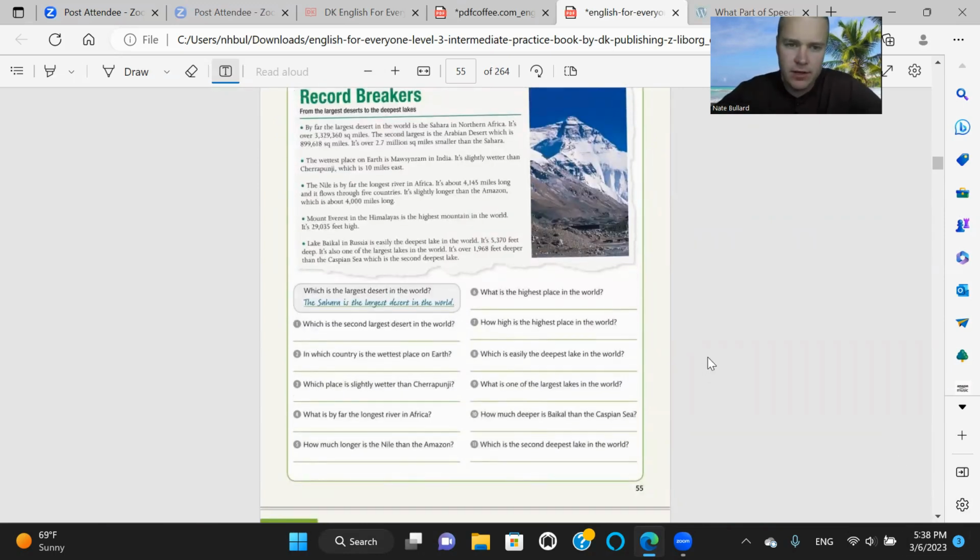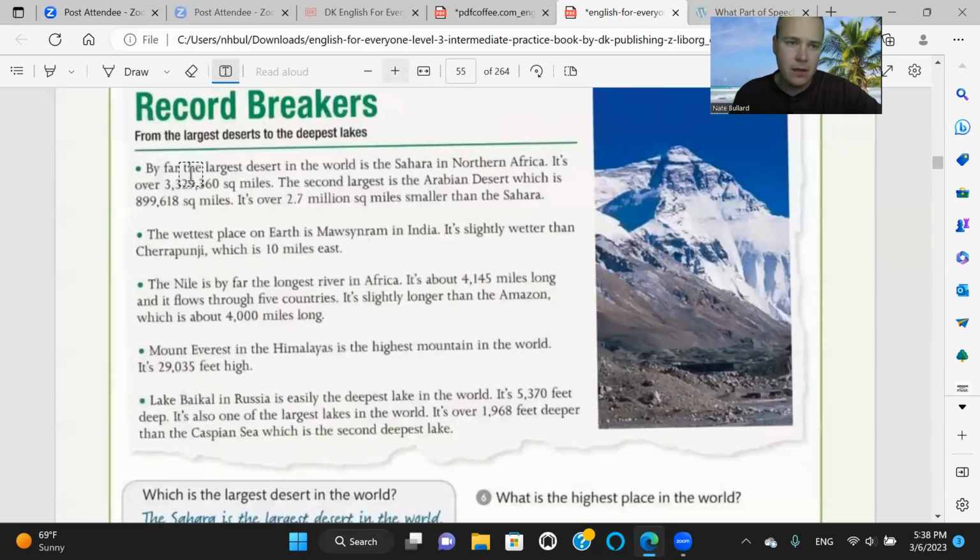Voy a pausar. Si quieres leer, si quieres hacer pause, leer y contestar las preguntas, perfecto, porque voy a ir rápido. Okay? All right. Voy a pausar aquí por un momento para que puedas ver mejor la letra.